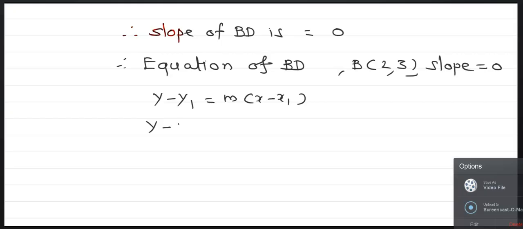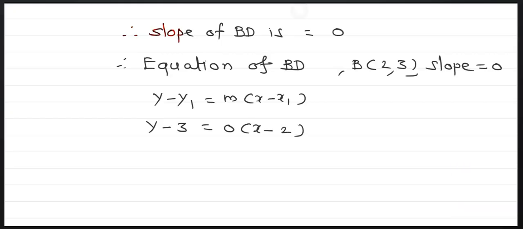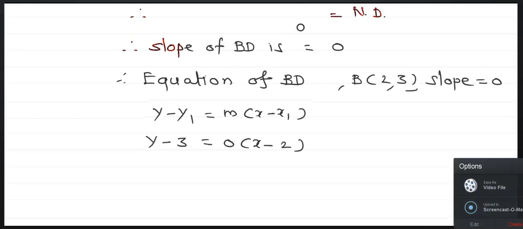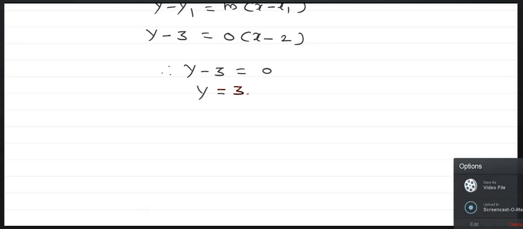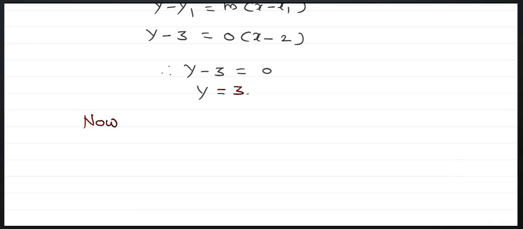Substituting the values, y minus 3 is equal to 0 times (x minus 2). Therefore, y is equal to 3. This is the required equation.